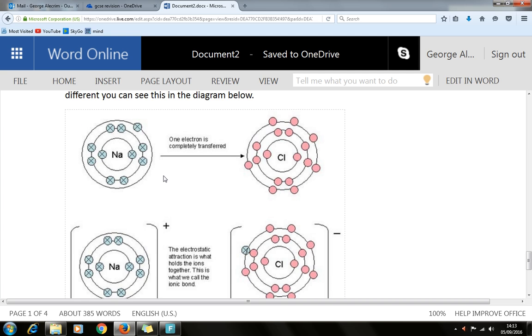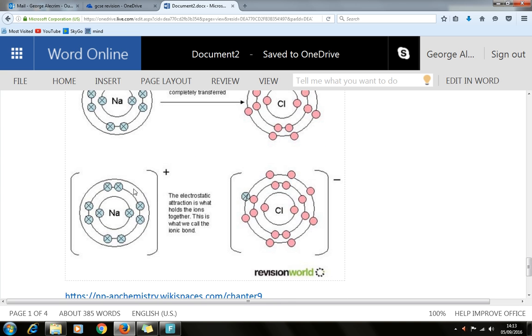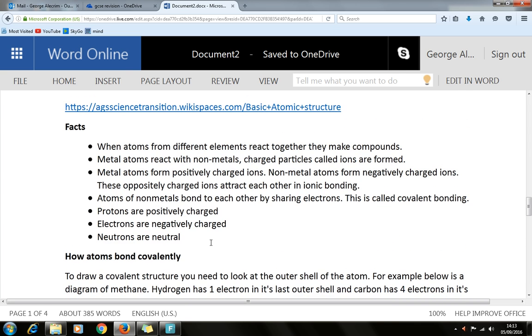As we can see below, it gets rid of that and it comes over to chloride. However, when it loses an electron, it becomes positively charged, and when it gains one it becomes negative, because electrons are negatively charged. So if we go back to these ideas, you will understand why. And what I just said about covalent bonding, non-metals bond to each other by sharing.